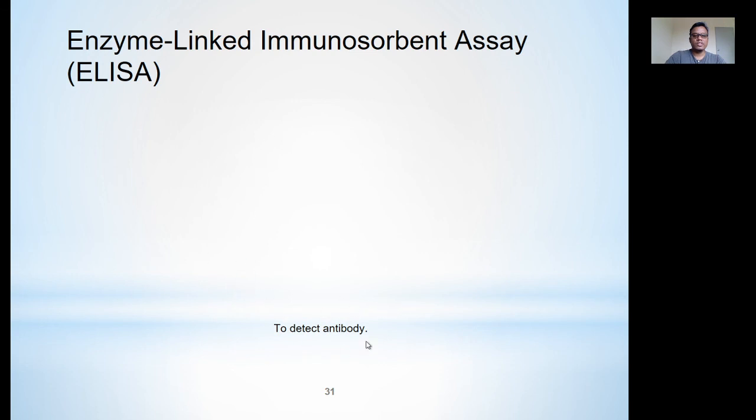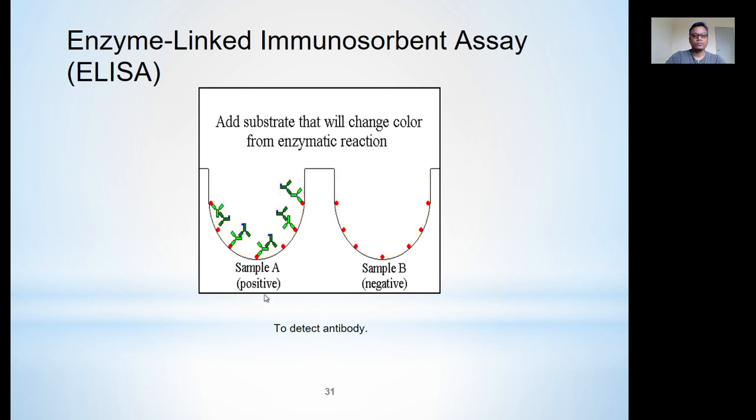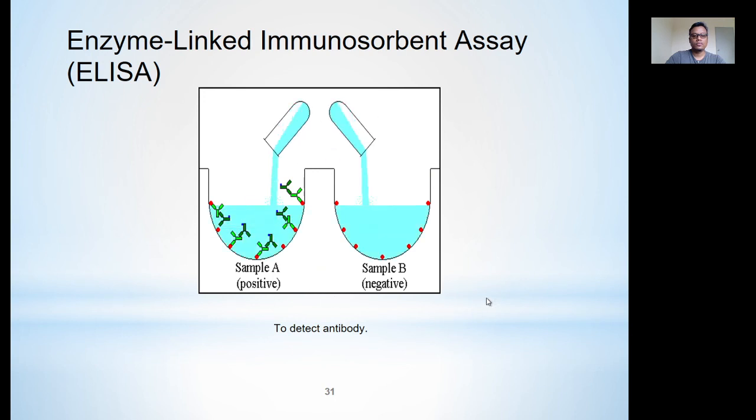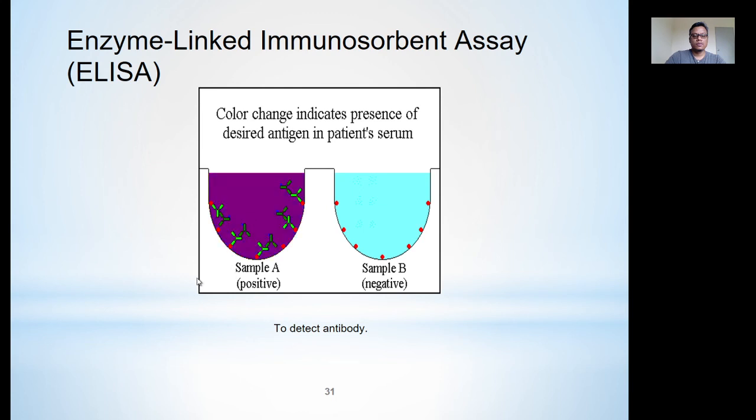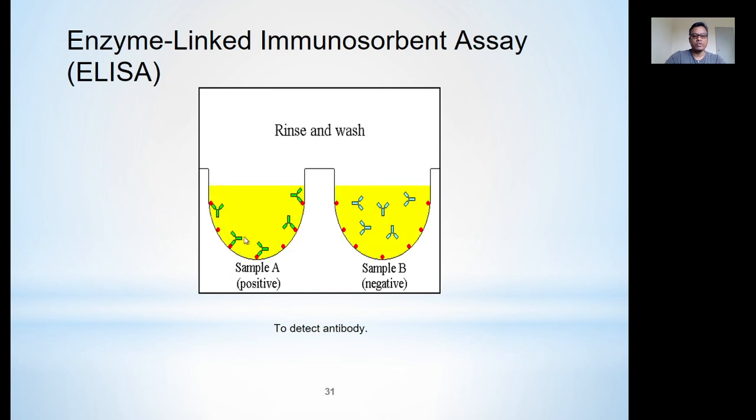Second, in order to detect antibody using ELISA, we will start from the beginning. Okay, first we will put the antigen that we have, the one we are looking for. We put the patient sample, which contains the antibody.